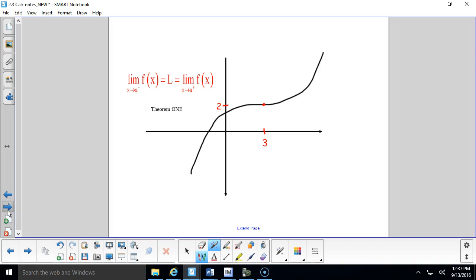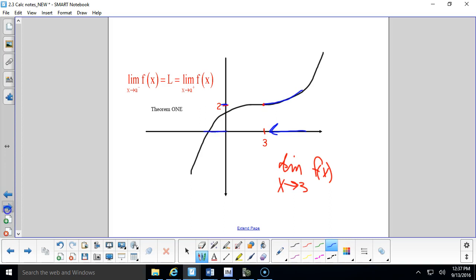So here's what that says. I've got some function, this is f of x. What's the limit as x approaches 3 of f of x? Well, as I come to 3 from the left, this function value appears to be getting closer and closer to 2.